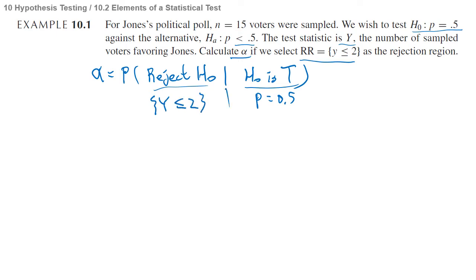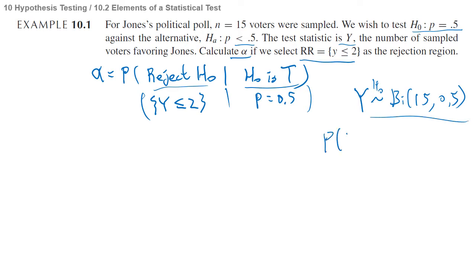So we want to calculate the probability of y less than or equal to 2. Under H0, y follows a binomial distribution with n equals 15, p equals 0.5, and using this distribution we can calculate the probability of y less than or equal to 2.